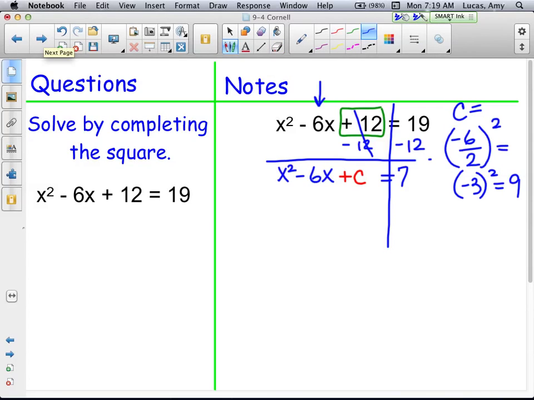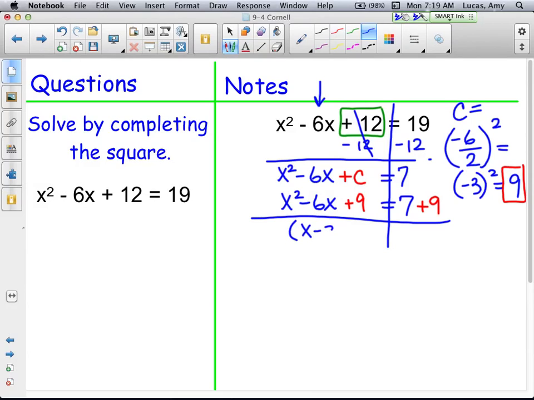Okay, so I know that I need my c to be a 9. So x squared minus 6x, I need to add 9. So then on the other side, I'm also going to add 9. Perfect square, this time it's x minus 3 squared, but it equals 16 again. So good news. Square root of 16 we know is 4 or negative 4.